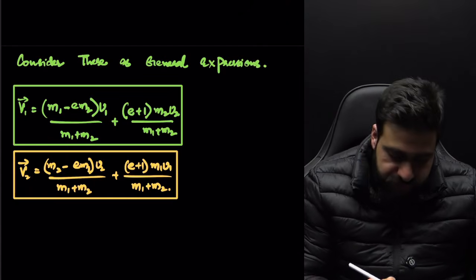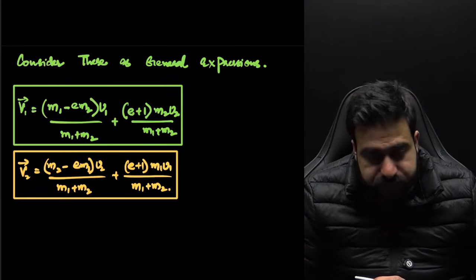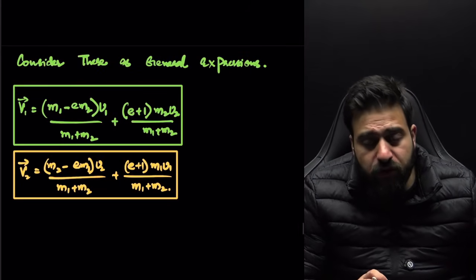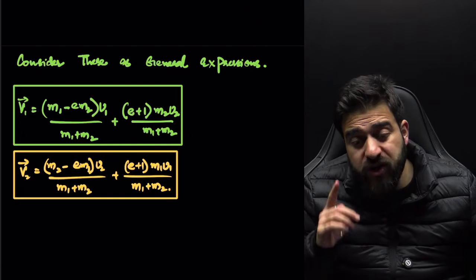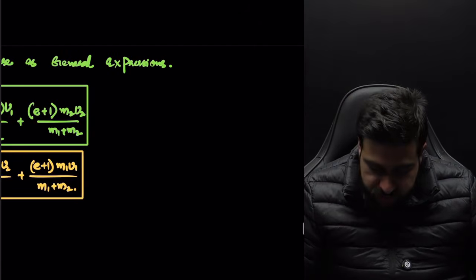What I'm trying to say is that this is the velocity V1, the velocity of the first mass after the collision, and V2 is the velocity of the second mass after the collision.